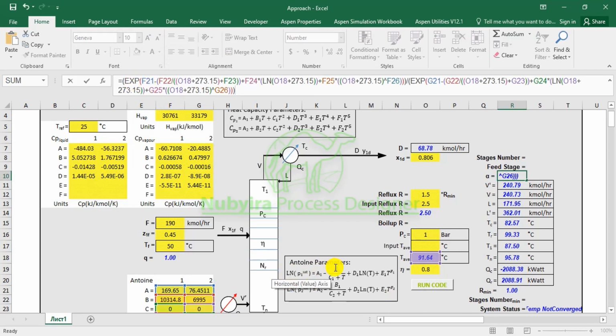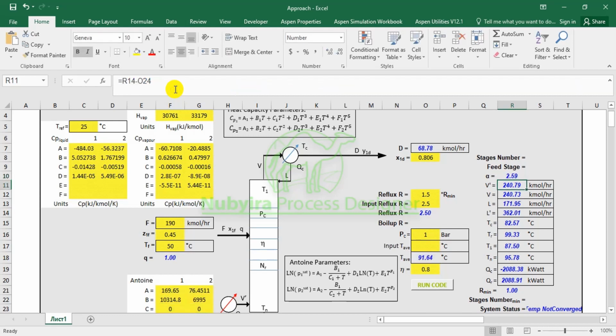Then you find the exponential of both sides. We have the parameters for the Antoine equation, and the temperature is, you can see, the same for all the Antoine equation parameters. It will calculate the relative volatility, which is equal to 2.59.